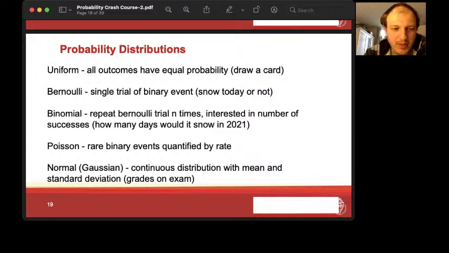Then you have the binomial distribution, where you repeat a Bernoulli trial many times, n times, and you're interested in the number of successes. You're not interested in the order in which they appear, just exactly how many times they will occur. So if I throw a coin 1,000 times, is it going to fall 600 times on the same side?